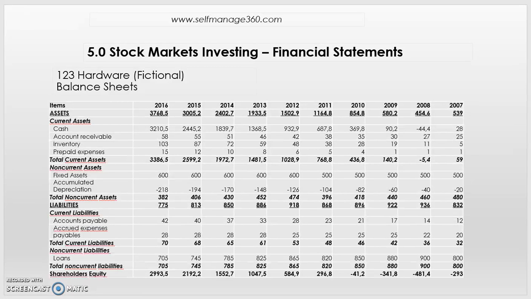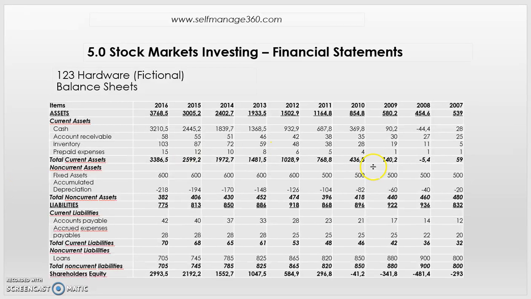That means that if every year the value of the assets that are debt-free is increasing, these assets belong solely to the company, so they belong to the shareholders. So if the shareholders' equity is increasing, you have to look at it as the company is creating value for the shareholders, and we want to invest in companies that are creating value for us if we become shareholders.